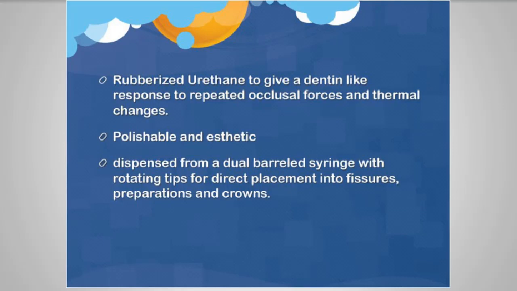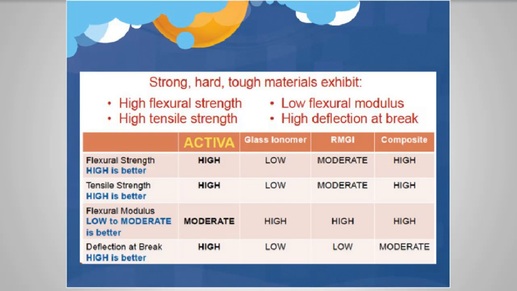It gives a dentin-like response to repeated occlusal forces and thermal changes. Yet the material is polishable and aesthetic. And of course the easy double barrel syringe and rotating tips make it very easy to place Activa everywhere that you need to work with it.